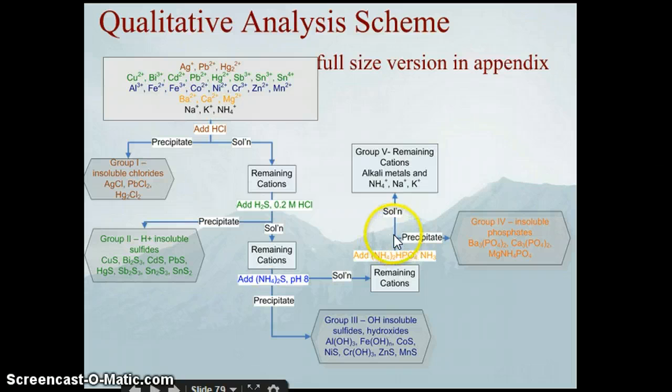And then lastly, we have the last of our qual scheme, which is sodium and potassium and ammonium ion. We could also lump in lithium if you wanted. And these are the group 5, which are the remaining cations, which are the alkali metals, ammonium ion, sodium ion, and potassium ion. So these are all species we can't do a precipitation to determine their identity, because ammonium ion salts and sodium ion salts and potassium ion salts, they're all soluble.